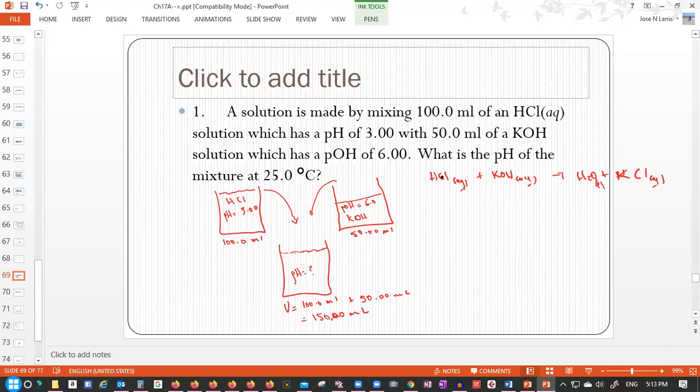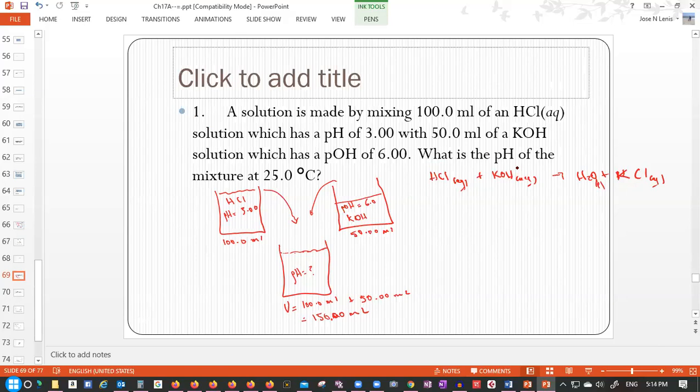So here we have a 1-to-1 ratio. At some point, one of those, the limiting reactant, is going to neutralize exactly the other one. And since one of them is in excess, that excess is the one that is going to give the pH of the solution. Because remember, this salt is neutral. Also, you notice that this is strong and strong. So we have a strong acid-base reaction. Strong acid, strong base.